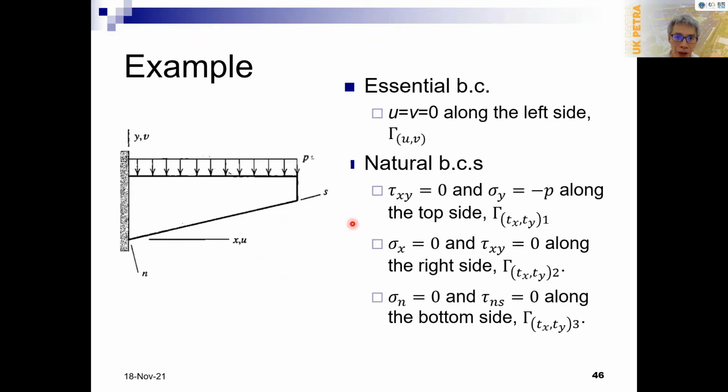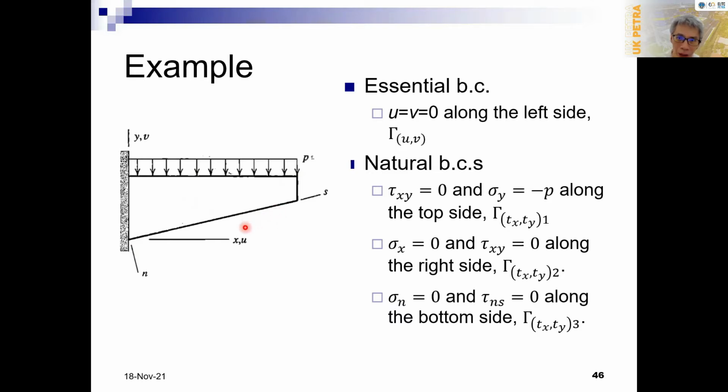Let's take a look at this example. Here we have 2D models. We don't know whether this is plane strain or plane stress because we don't have information along the z direction, but it's no problem because what we are going to focus on here is the boundary conditions.